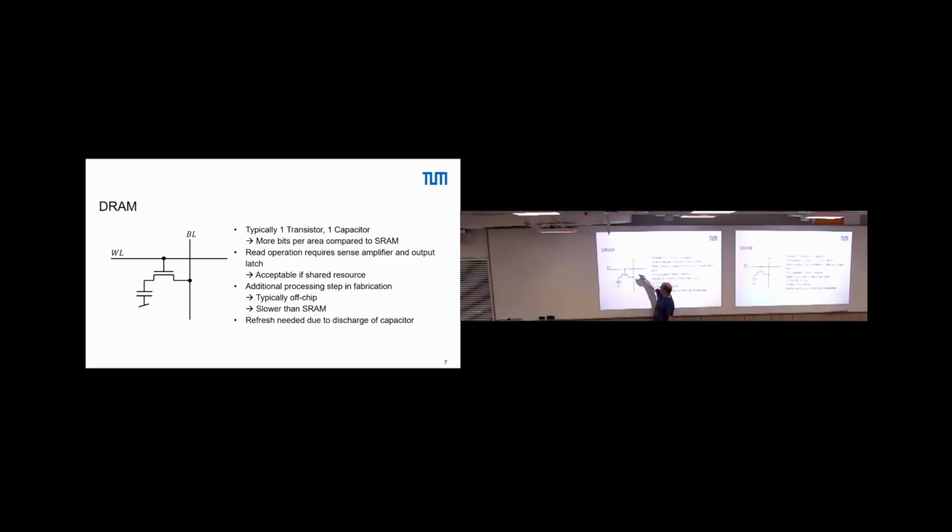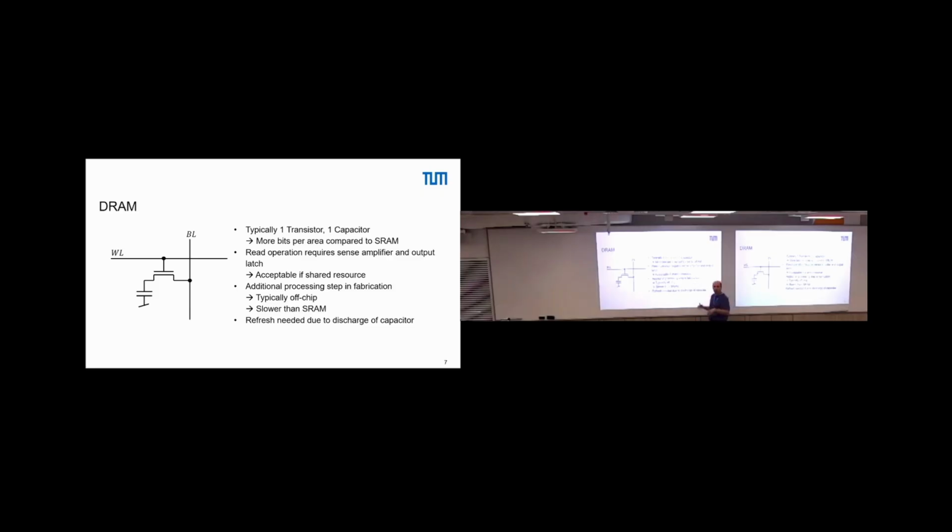We apply here a 1, we close the switch. Electrons will move towards VDD. So we have here some positive charges, right? Then we open the switch and they stay there, right? So we have a capacitor, we charge it. So the charges, for the moment, in an ideal world, cannot go anywhere. They are stored. Makes sense?